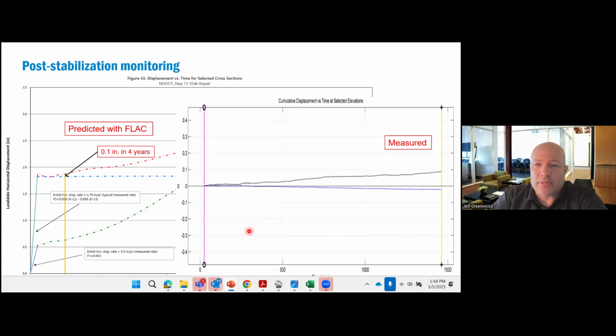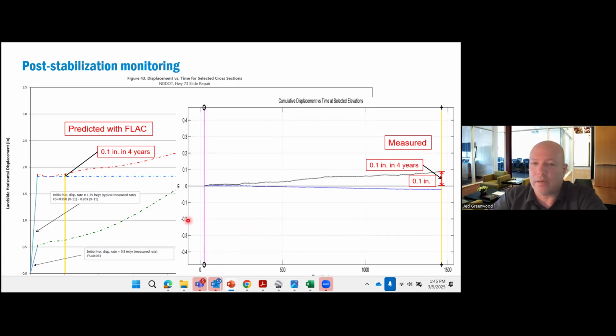What does the data show? This is from a shape array. This yellow line is 4 years after stabilization, 0.1 inches. Maybe it was dumb luck. Maybe we were onto something with the deformation rate calibration, but it worked out really well. There was some data downloaded after this that showed basically the same trend.